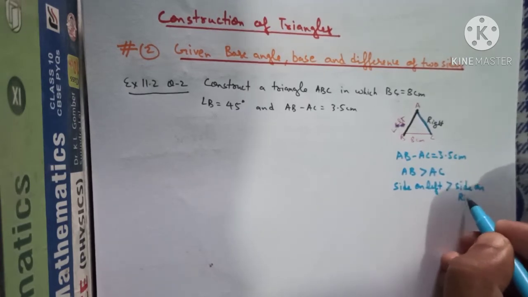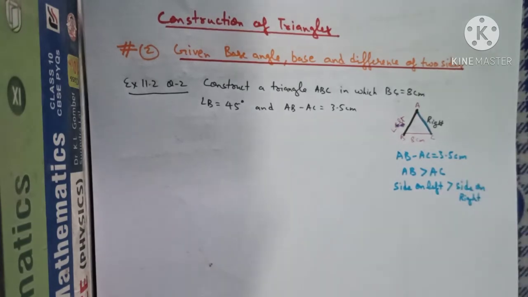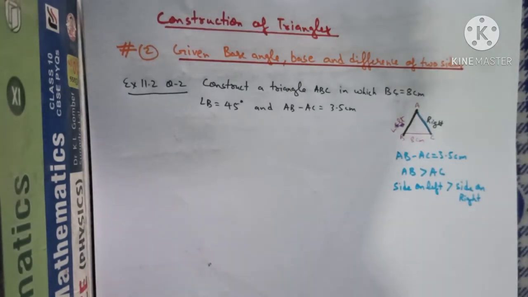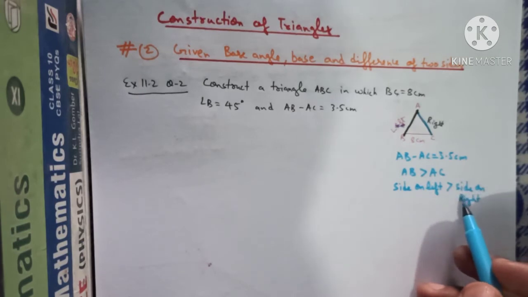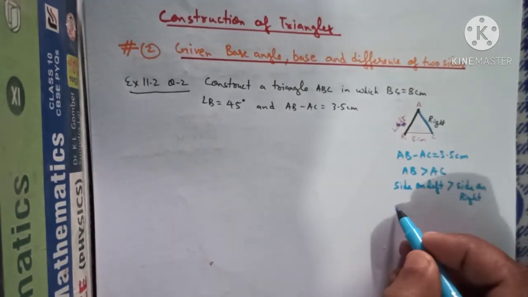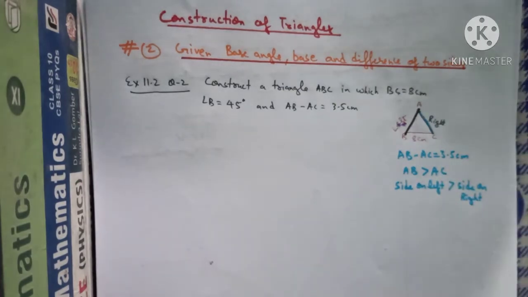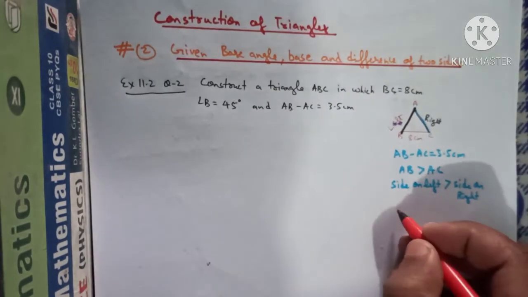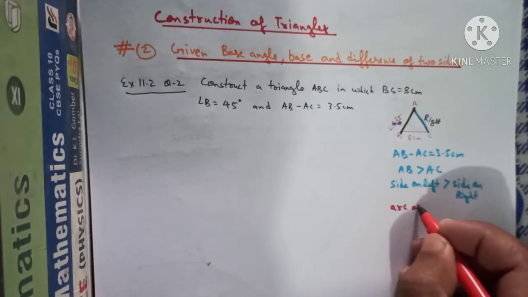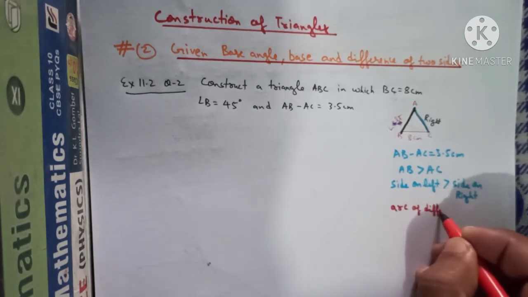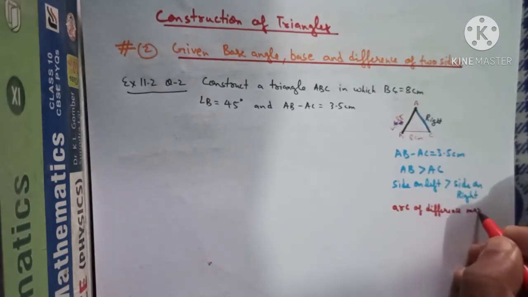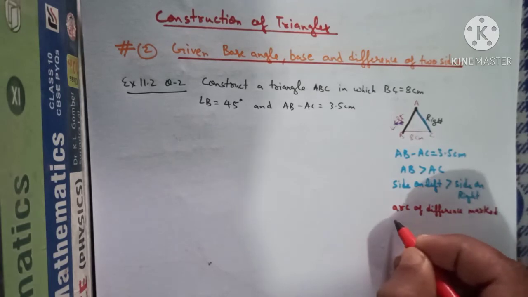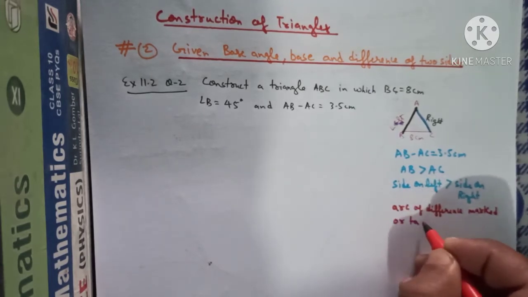And if this is the case, when we are doing the construction of a triangle given with base angle, base, and difference of sides, in which side on the left is greater than the side on the right, then always remember, this is very important to note, that the arc of difference will be marked above the base.